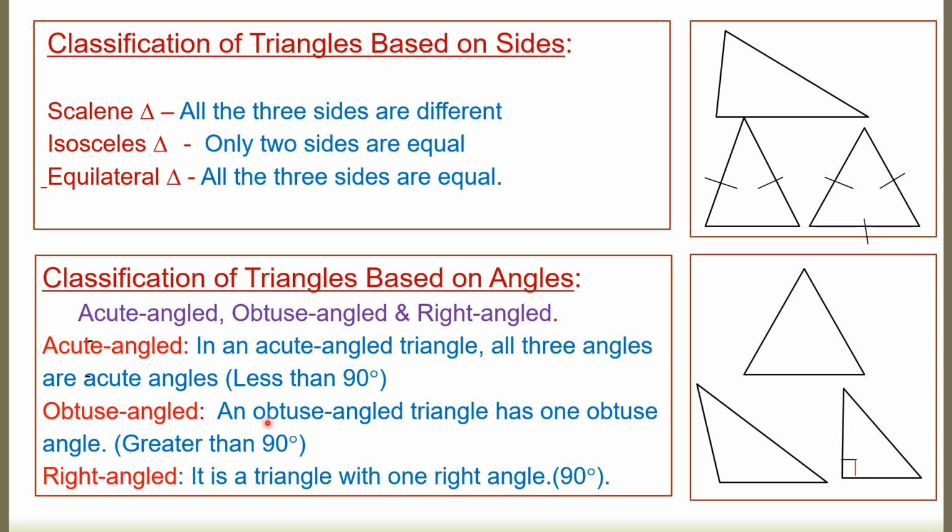And the second one, obtuse angled triangle. An obtuse angled triangle has one obtuse angle more than 90 degrees. In this case, this angle will be more than 90 degrees. And the last one, right angled triangle, as you must be knowing, one of the angles will be 90 degrees.